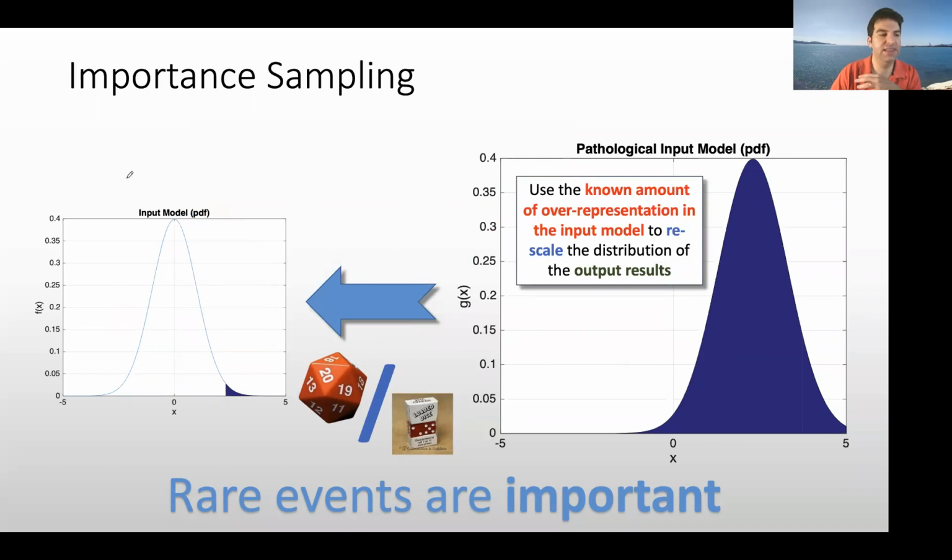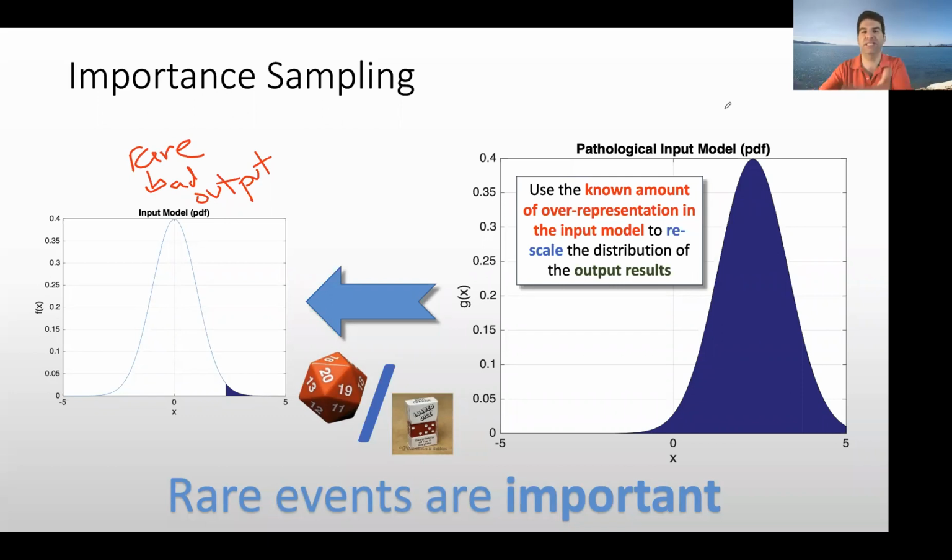So in the normal input model, it's rare that I'll have bad outputs. The outputs that I'm interested in are going to happen very rarely in the normal case. But over on the right-hand side of the screen, when I use pathological inputs that are just stressing to the system, these are not normal inputs.